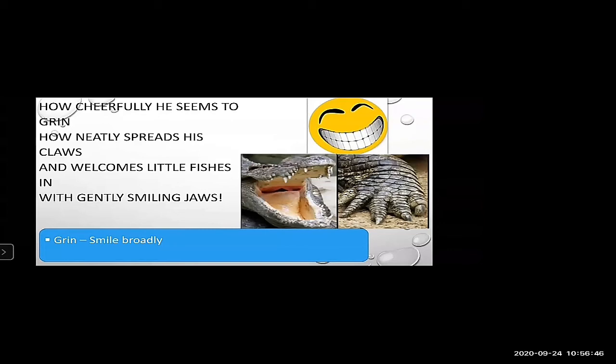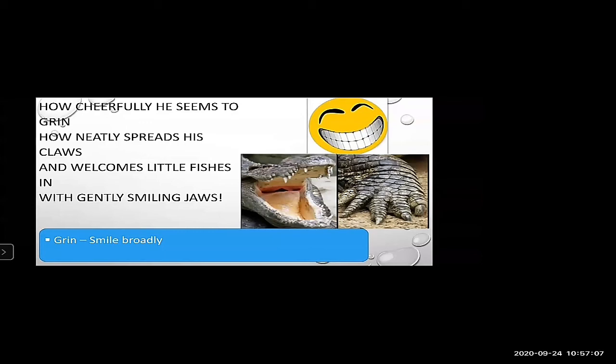In this picture, you can see how wide he can open his mouth. His jaws are very strong. Even on Discovery Channel or on Nat Geo, you might have seen many series of programs about crocodiles.